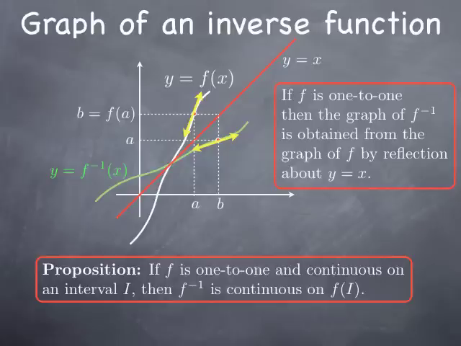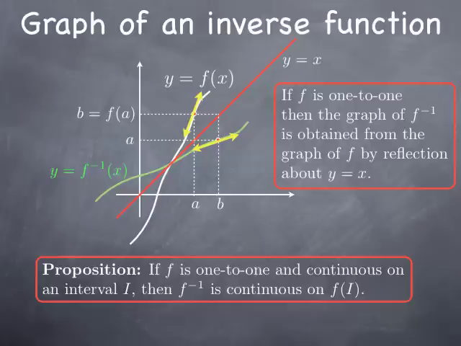So no problem, if f is differentiable, f inverse is going to be differentiable, except that if we have a horizontal tangent to the graph of f, then in the reflection about y equal x, it's going to become a vertical line. And if we have a vertical line, that corresponds to essentially infinite slope, in other words, the limit that defines the derivative number does not exist.